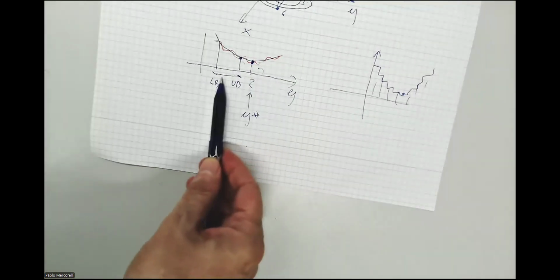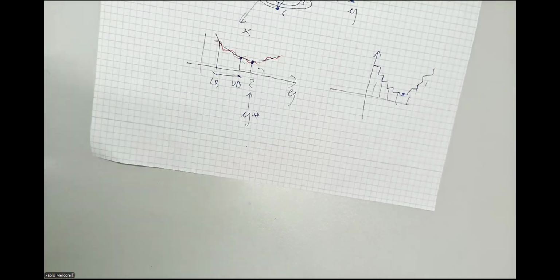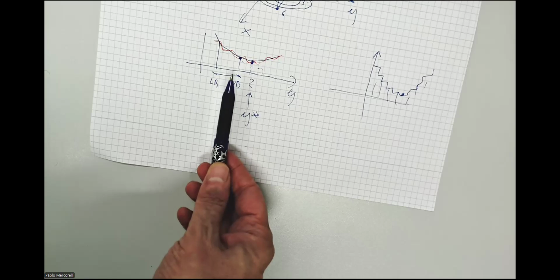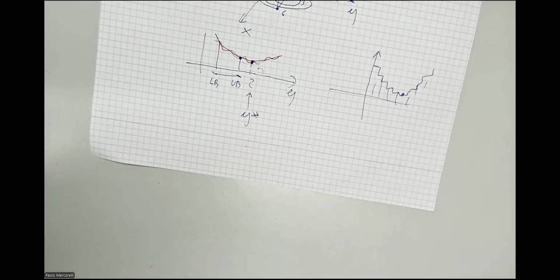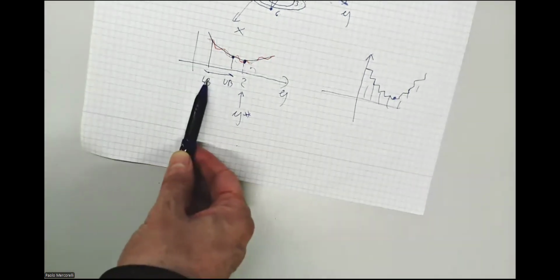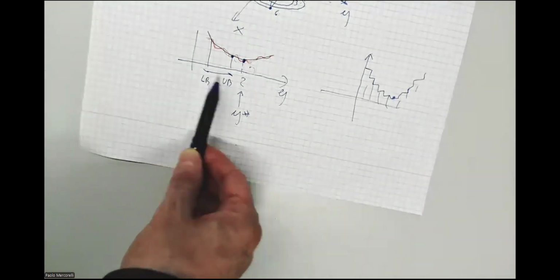Look, if I assume that, we can organize some game if you want. I put the minimum somewhere, and then you have to build the program to find my minimum. You say, in my opinion, Paolo, put the minimum between 3 and 5.